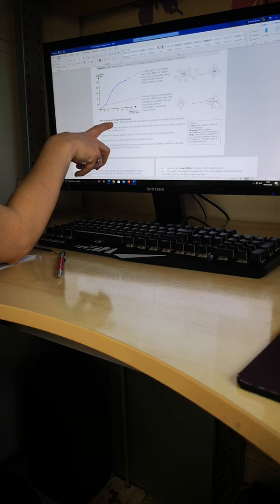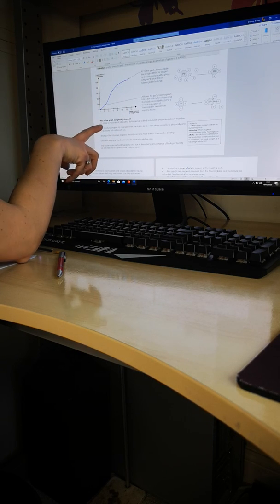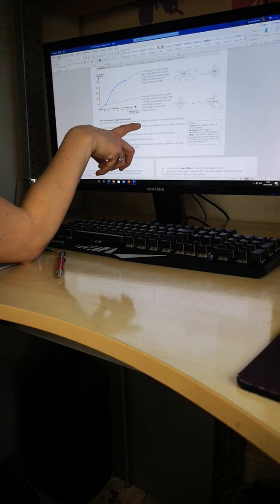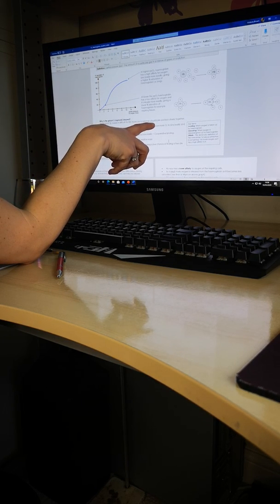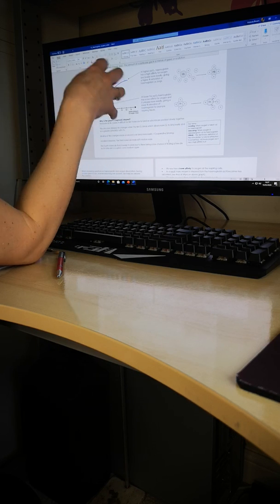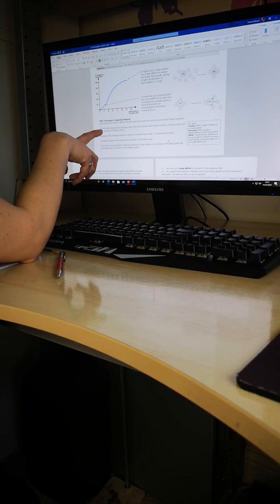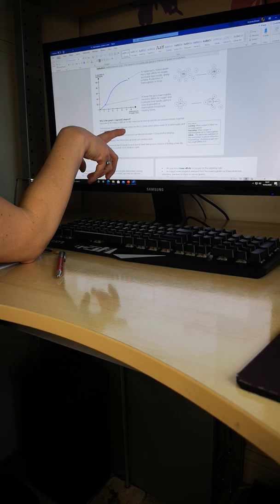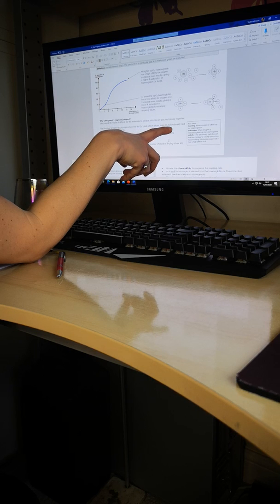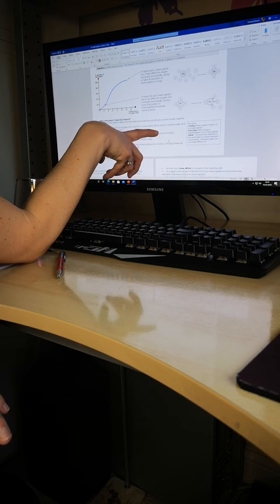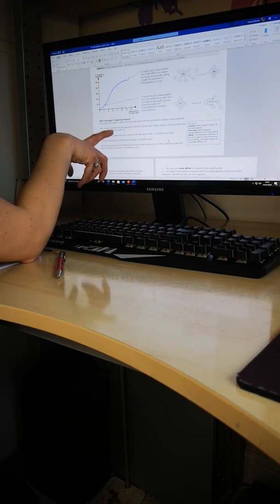So why this shape? We said the first molecule of oxygen was quite hard to bind, and that's because those subunits were all packed closely together. But the structure changed when the first oxygen bound, and that makes more oxygen binding to the molecule easier, so it gets more saturated.